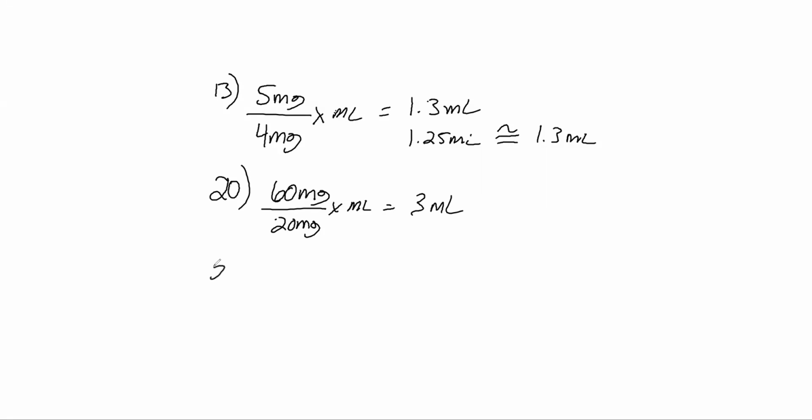For 21, this one's commonly missed because of the milliliters diluent added. When you see that table, you can just ignore it. What milliliters diluent added tells you, and it would be listed on the actual label for the medication, is how much deionized water the pharmacy, or you as the nurse, should add to the powder that's sitting within the container.